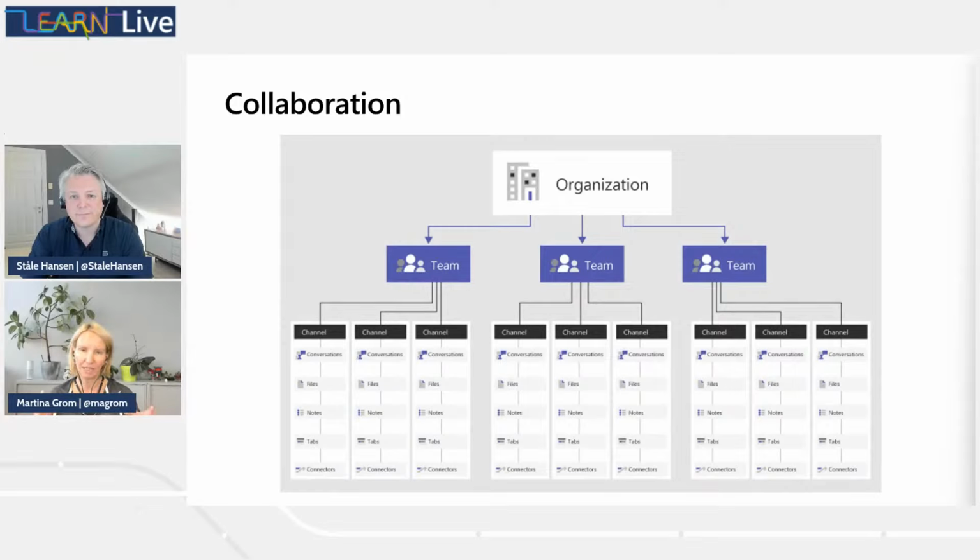And all data within a team, such as conversations, files, notes, and the cross channels, are only visible to the members of the team. At the top of each channel, you will find tabs, which are basically links to your favorite files, to your favorite apps and services. You also see that here in the picture.